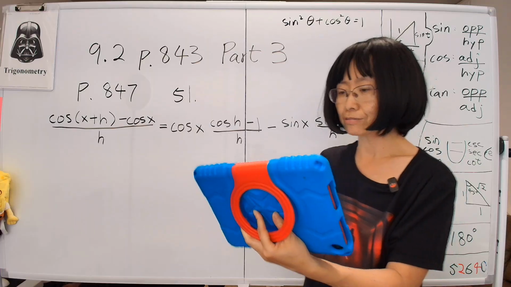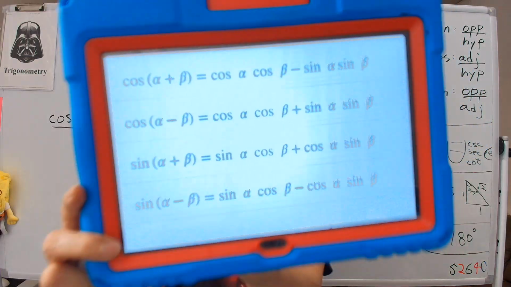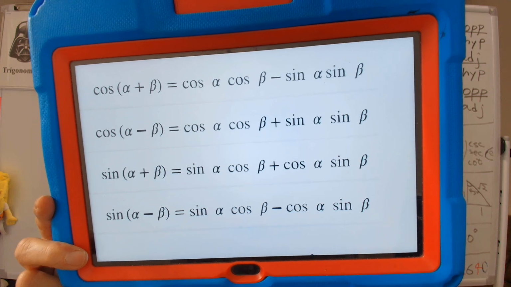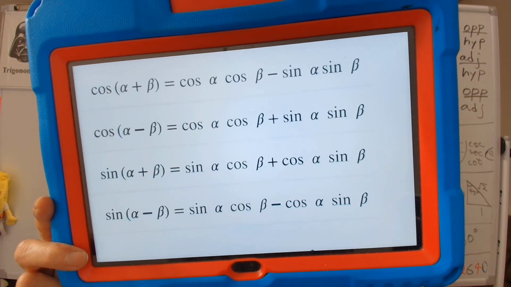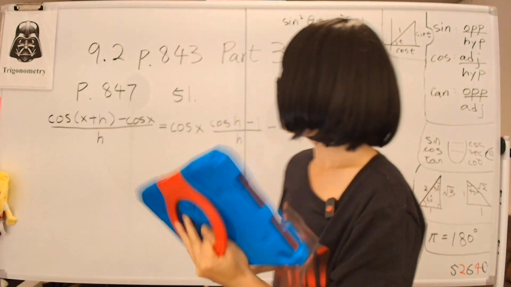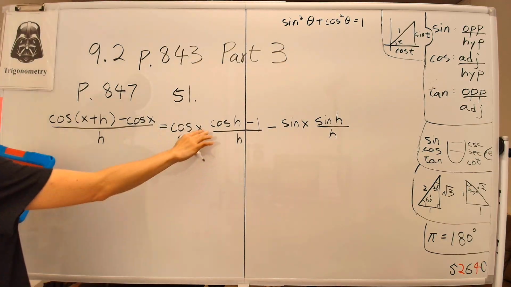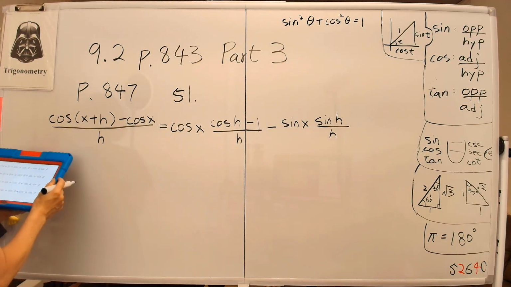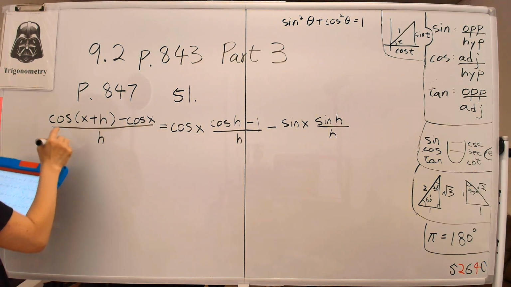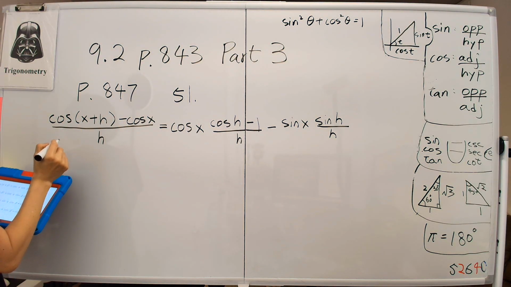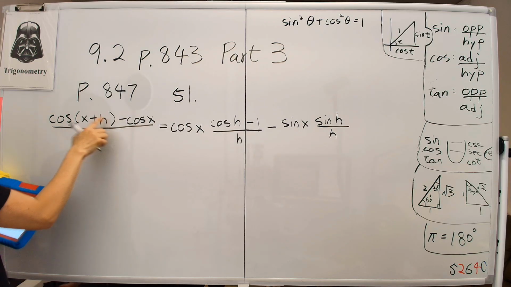And with that in mind, we are going to apply our cosine formula that we just looked at, in fact. But we'll look at it again. What are we looking at? x plus h. So we're looking at the plus version. Okay? And the plus version, cosine alpha plus beta, is cosine alpha cosine beta minus sine alpha sine beta. So we'll copy that down, and make this look like that. So first, let's work on the cosine of x plus h.